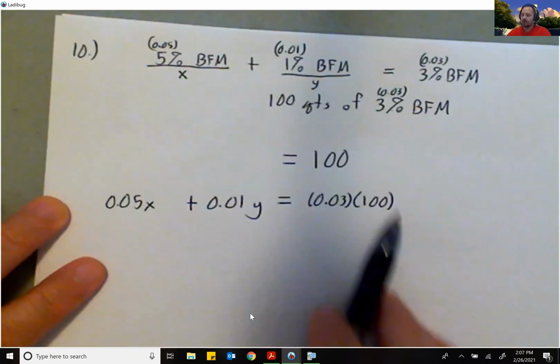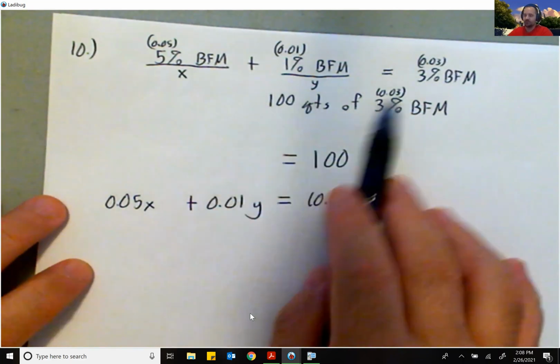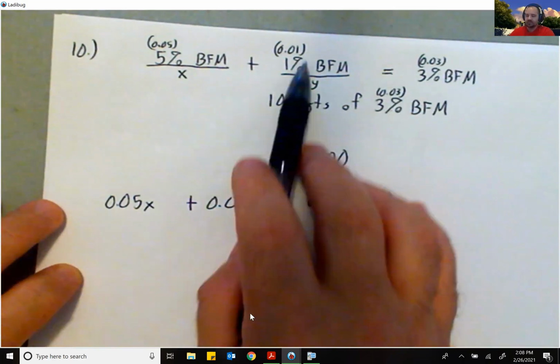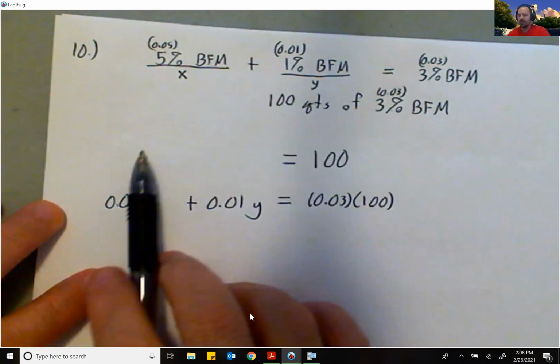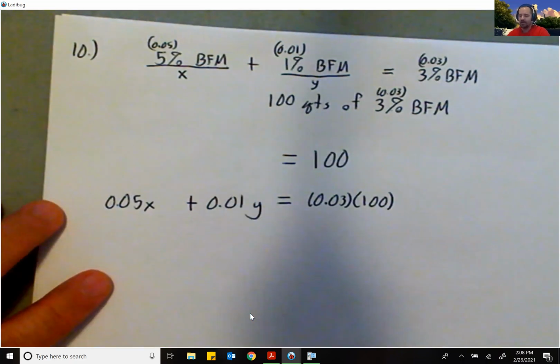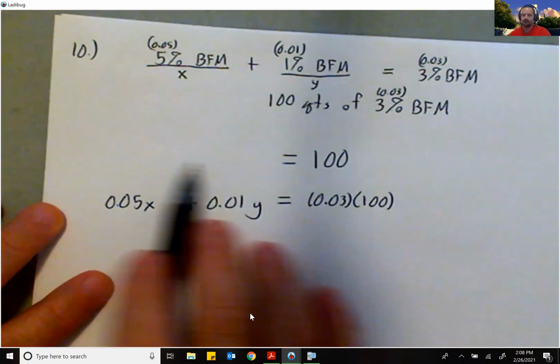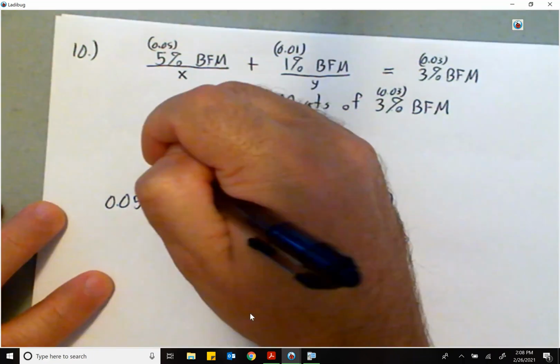But I've used all of my information now. I've used the 100, the 3%, the 1%, and the 5%. If I've used all of my numbers, what would this remaining equation look like? Well, the variables are x and y, and it's asking about quarts, so it would be x plus y equals 100.